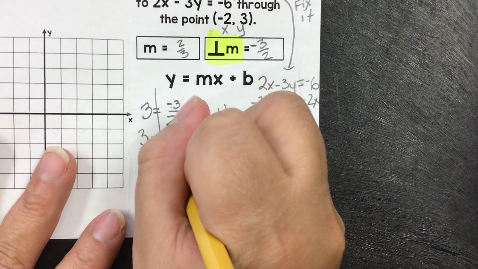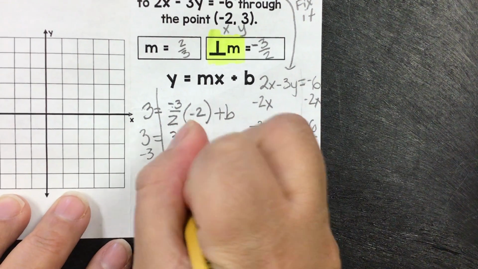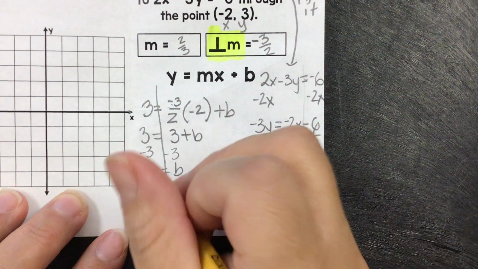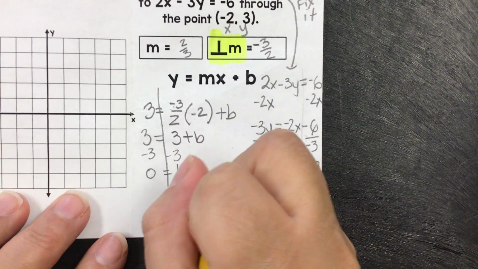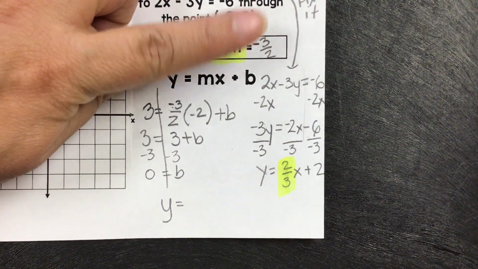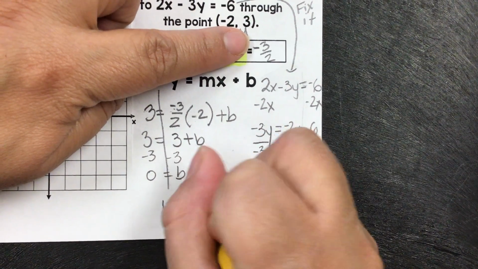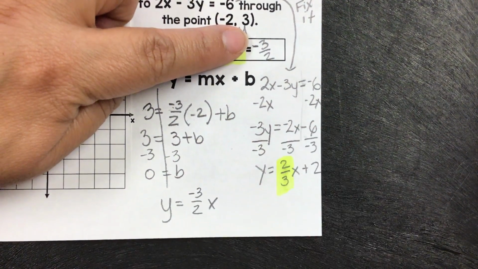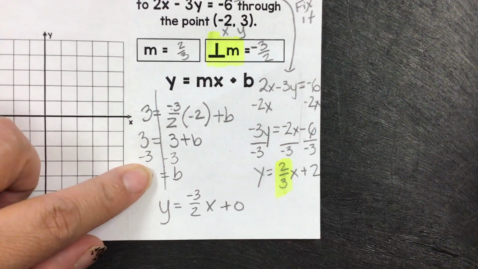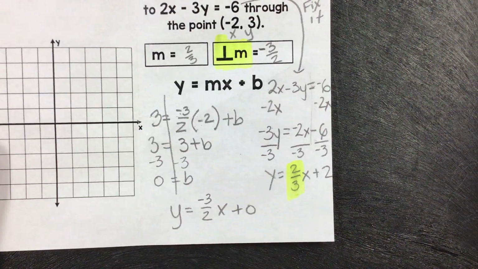Now we're going to have to subtract 3 from both sides. I have 0 is equal to b. That's okay. Our final answer is y is equal to, remember we used the perpendicular slope, so we have to write the perpendicular slope, the -3/2 x, and then our b was 0, so plus 0. We really don't have to write it, but since we're going to graph it, I went ahead and wrote the plus 0.